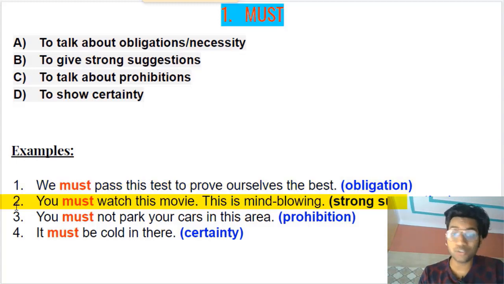Number two, you can also use must to give a very strong suggestion. Almost like you're forcing somebody to do something because you had a nice experience. You want that person to experience something. Look at the example. You must watch this movie. This is mind-blowing.